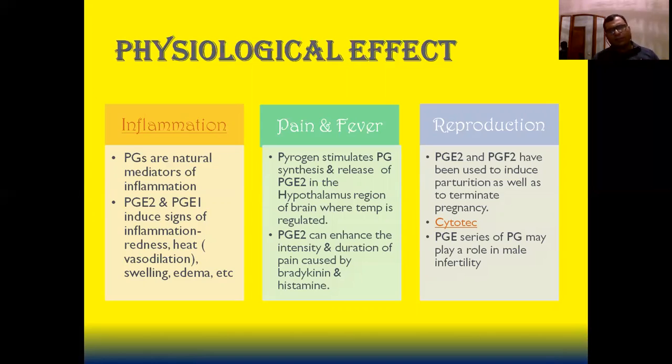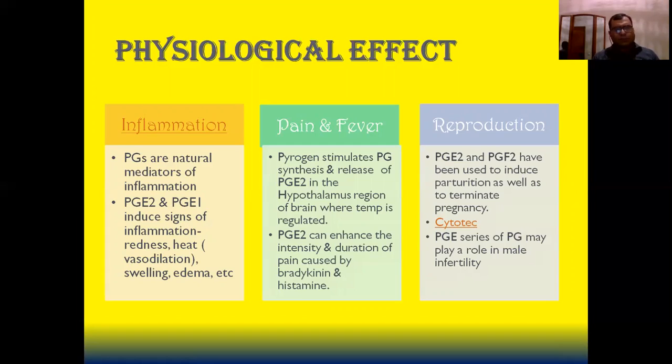These are the cardinal symptoms of inflammation due to the effect of prostaglandins. Prostaglandins are natural mediators of inflammation. Prostaglandin E2 and prostaglandin I2 induce signs of inflammation: redness, heat, vasodilation, swelling, edema, etc.